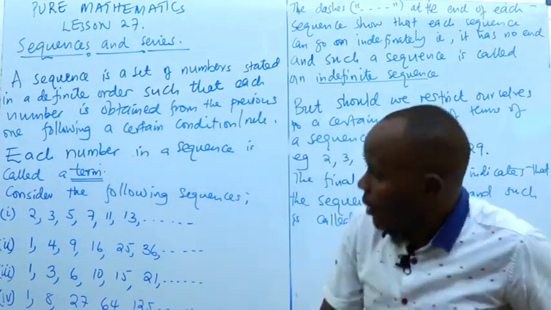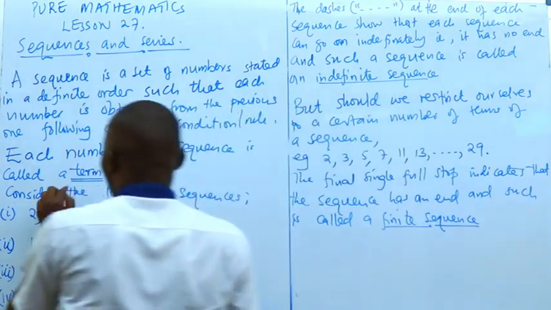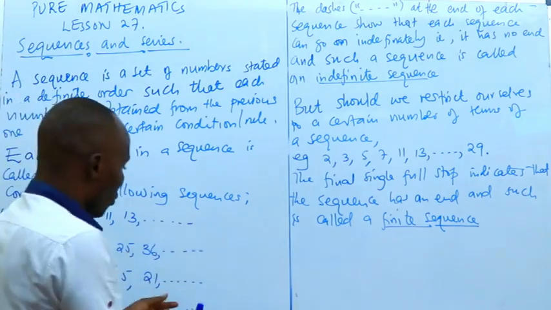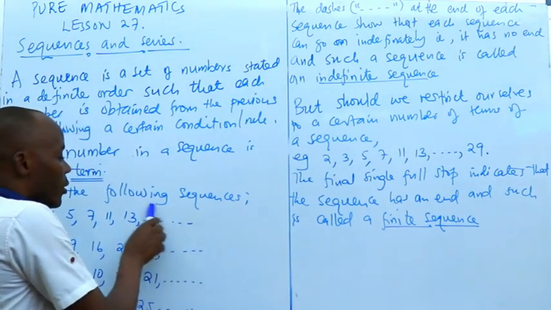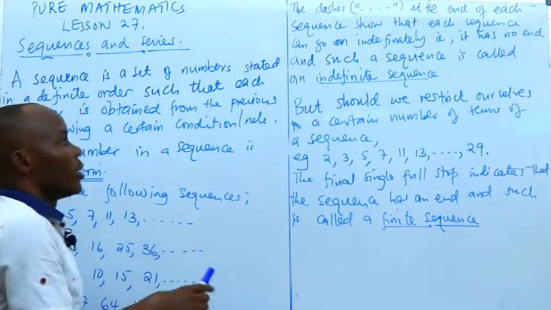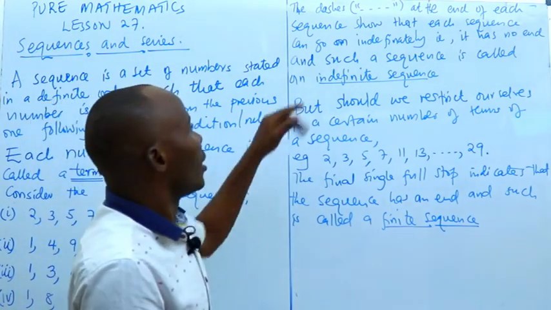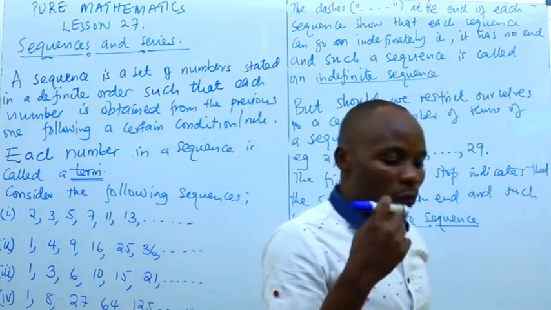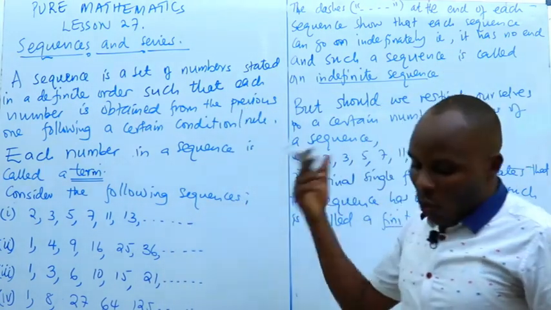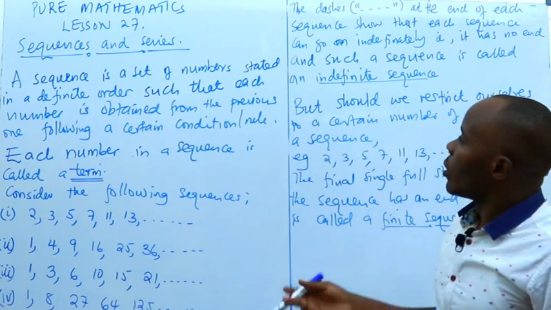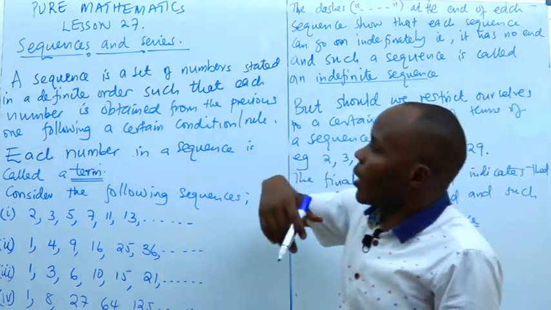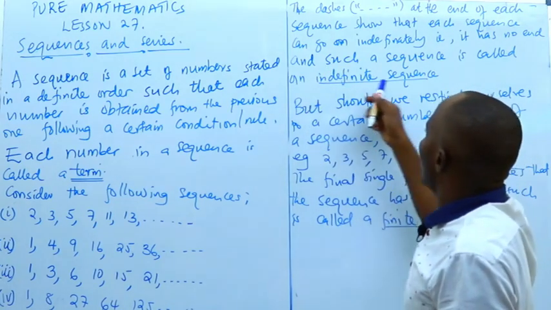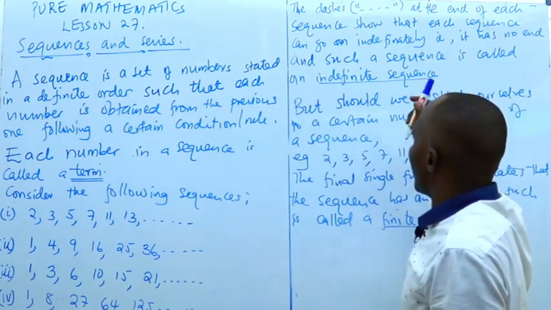I've said each of these numbers is called a term. I've also talked of these dashes here, and I've said that those dashes indicate that the sequence can move on and on up to infinity. That's why it is called an infinite sequence.